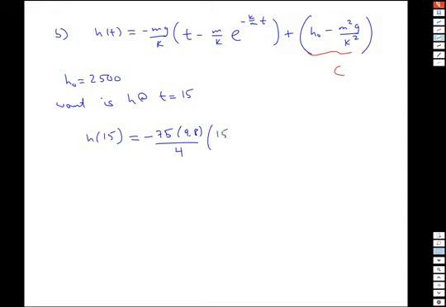The time is 15, so I'll put it in blue. Minus 75 over 4, e to the minus 4 over 75 times 15, close bracket, plus h naught, 2,500, minus 75 squared times g, which is 9.8 again, all over k squared, which is 4 squared.